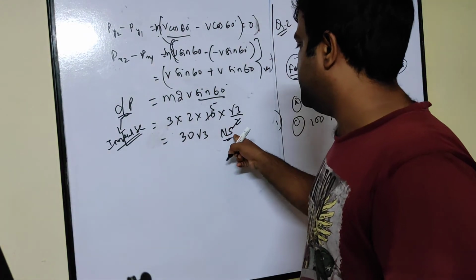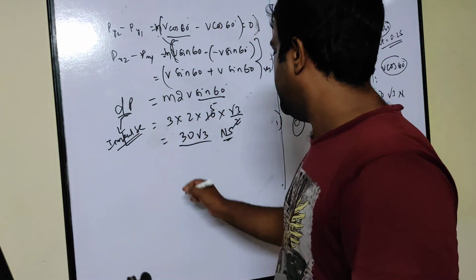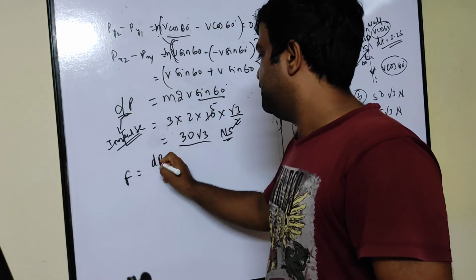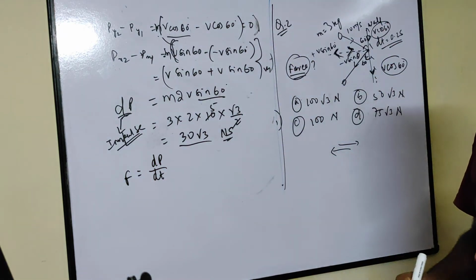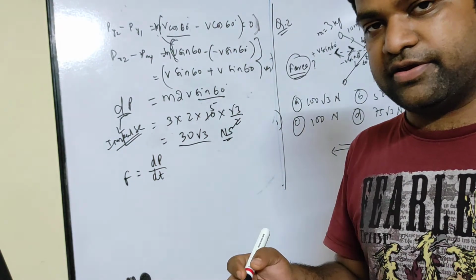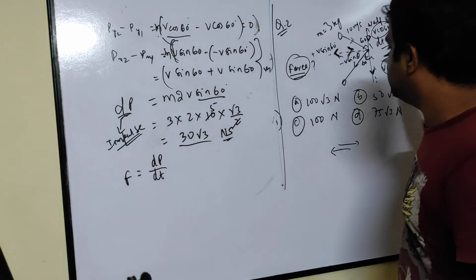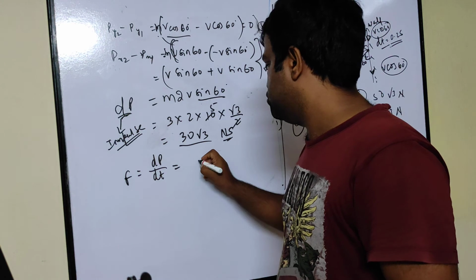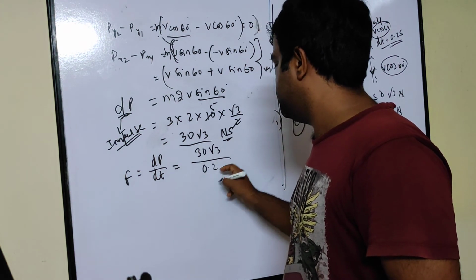Now this is your delta p. Now you have to calculate force. Force is equal to dp by dt, and dt is also given. The impact time, when the object is colliding with the wall and reflecting back from the wall, that duration is 0.2 second. So that is your delta t, where the change in momentum is taking place. So dp is your 30 root 3 divided by 0.2.